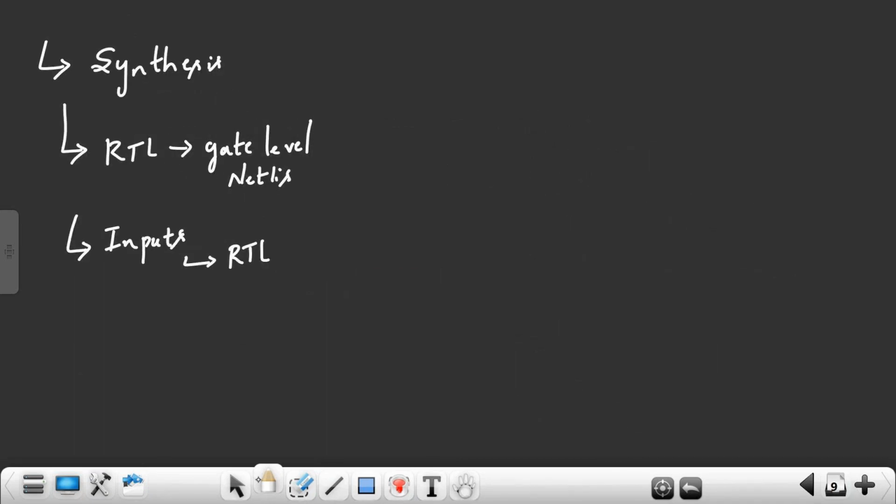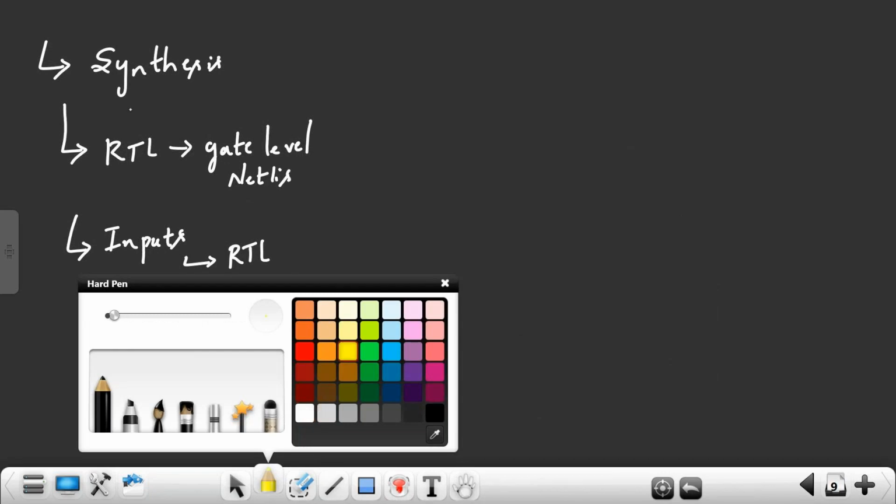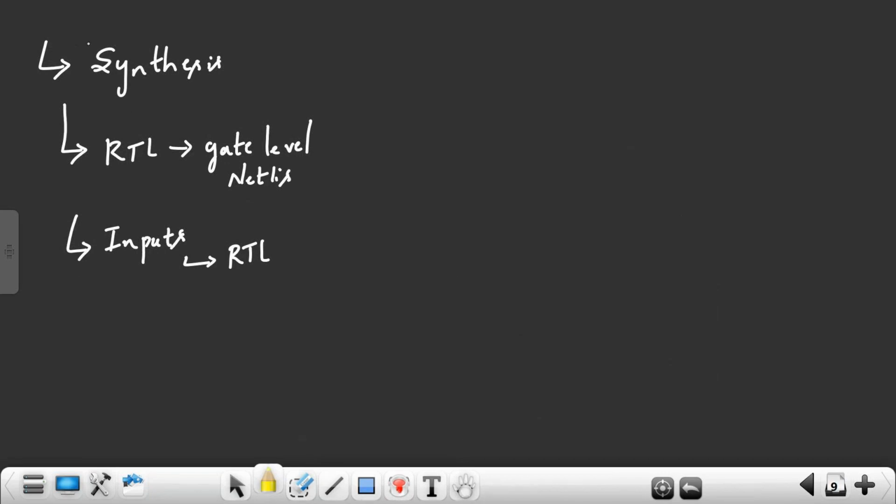So I was talking about synthesis. Why did I move to that topic? A student asks: I have read that the synthesis step is technology independent up to RTL verification, and that after synthesis the design is converted to technology dependent.